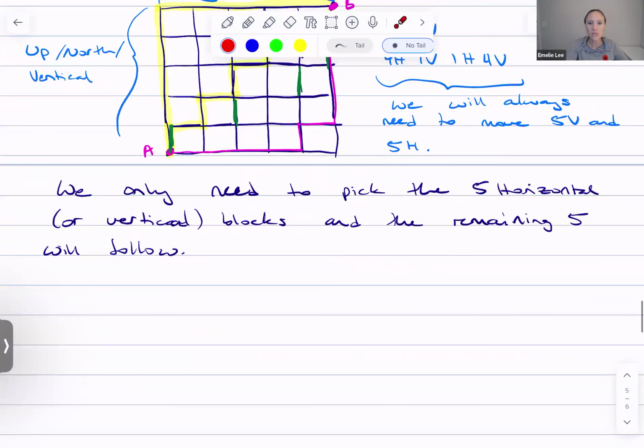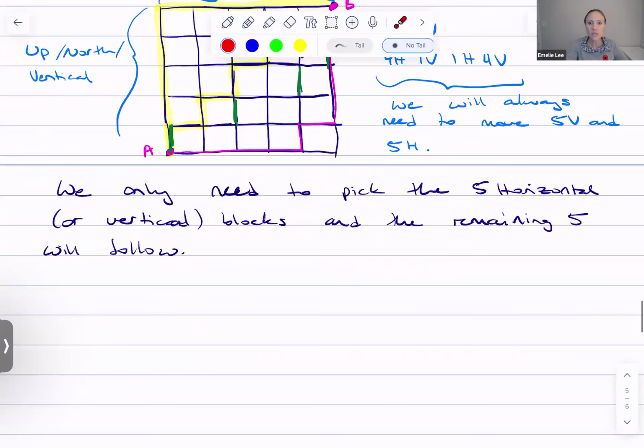Yeah, sorry. Too distracted. 10 choose 5. That's what we were saying. So, because 5 horizontal, 5 vertical, and I need to choose 5 of those to be horizontal or vertical. It actually doesn't matter, as we saw.